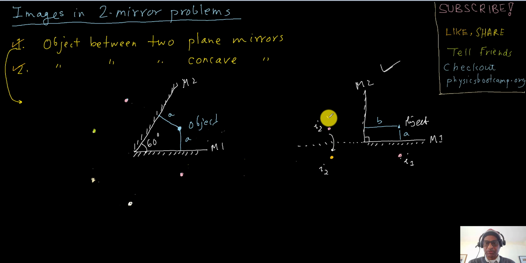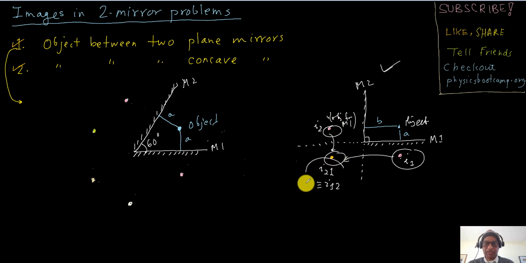This becomes an object for M1, and so it will be the image in 1 of this thing. If you extend this, it will be the same. So this is the image of 1 in 2. So there will be 1, 2, 3 images.